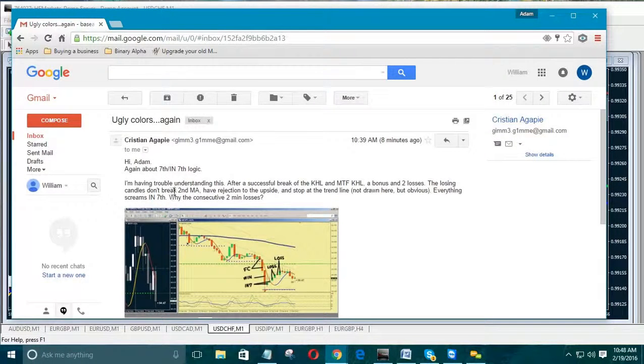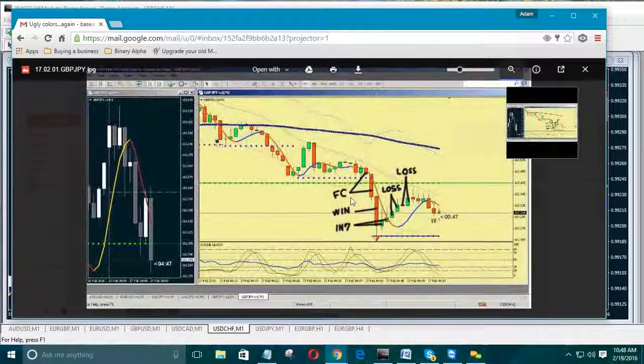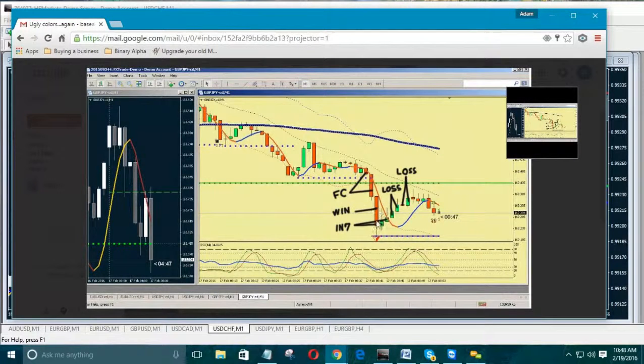Okay, Christian says, I'm having trouble understanding this. After a successful break of the Kazi high-low, a bonus and 2 losses, the losing can. Yeah, again, we said in a scenario like this, for me, when I see this big, nice bonus, but then it also makes a really big pin here, I'm stopping.